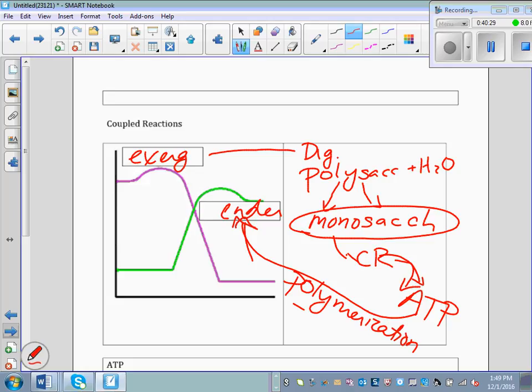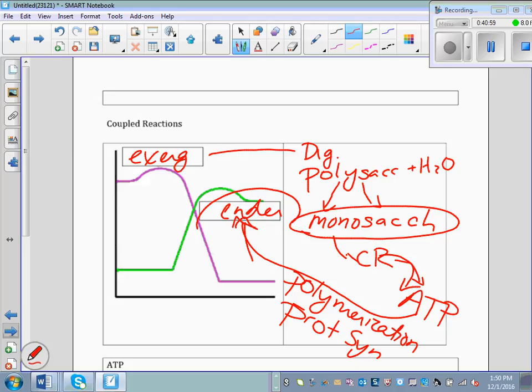When we break down those polymers, when we do other processes. What's another example of polymerization? Using a tRNA and an mRNA and an rRNA. Transcription and protein synthesis.